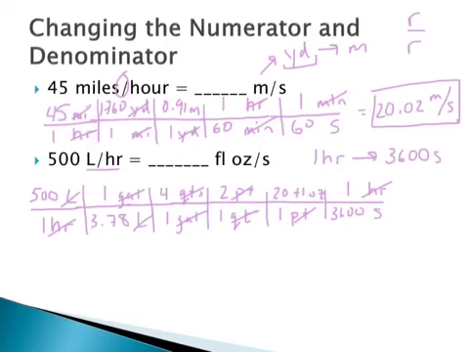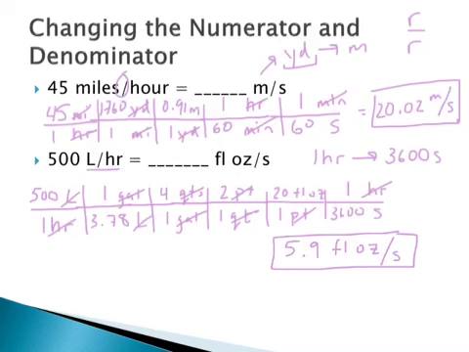Then I'm going to divide by 3.78, then divide by 1, divide by 1, divide by 1, and then divide by 3,600 seconds. And what you're left with is that 500 liters per hour is going to equal, I'll round this up, 5.9 fluid ounces per second. And there's my answer.